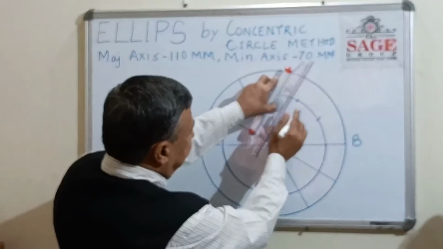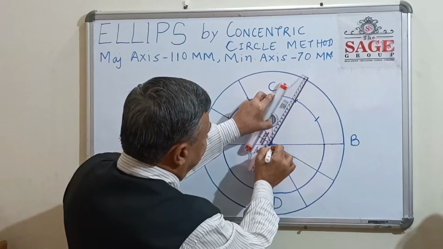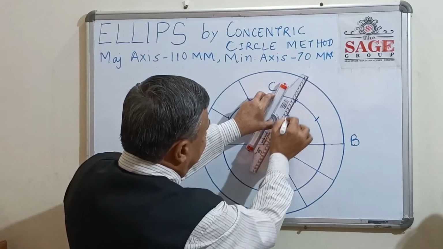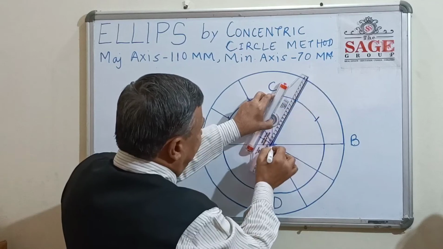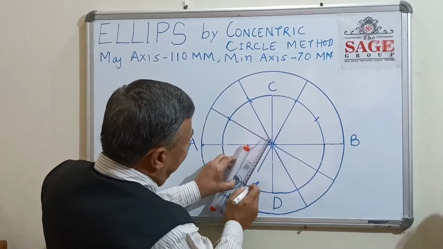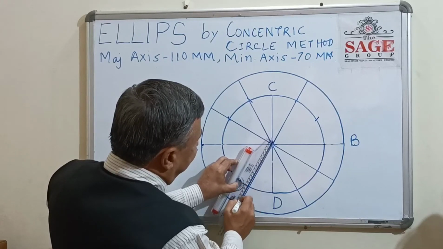Next, from the center to this point, extend up to the major axis concentric circle, and extend on the lower side also, up to the major axis concentric circle.